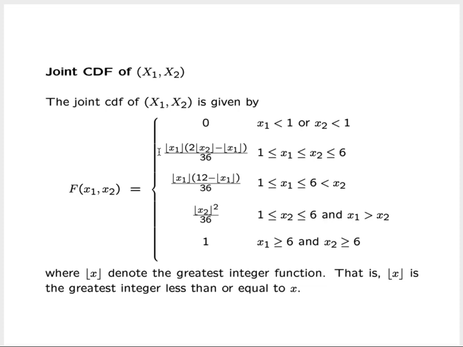So now let me just point out before I read this off that this funny-looking notation, which I've got down here at the bottom of the slide, denotes the greatest integer function.